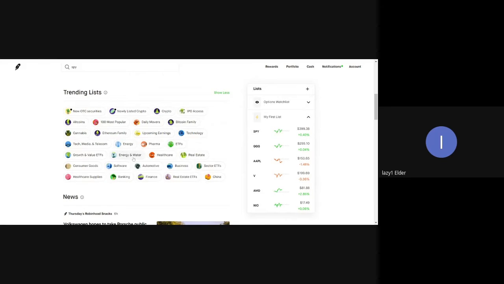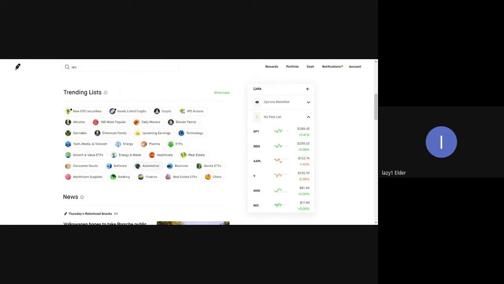See energy and water, healthcare, businesses, real estate, automotive. Like for automotive, anything that has to do with automotive, Snap-on, Ford, Chevy, Volkswagen, anything that literally has to do with automotive would be within this category. Think of it as like genres.